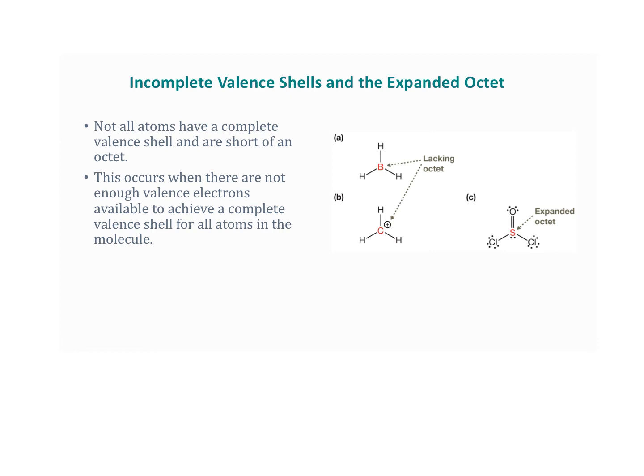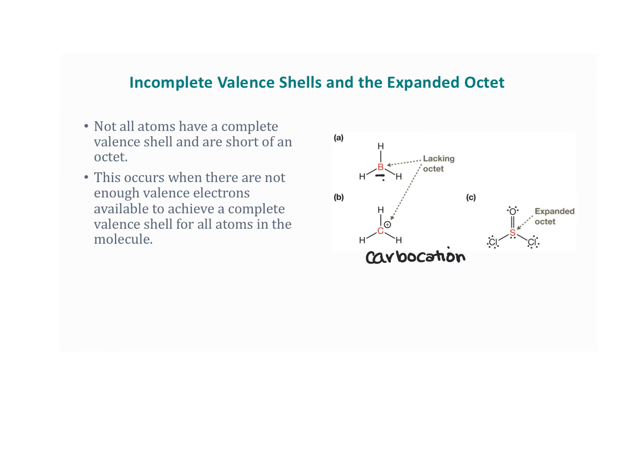Before I get into that, some things that can lack an octet are things like boron. And if you have carbon with a positive charge, this is called a carbocation. So it's a cation, but it's carbon with a positive charge. Those lack octets. Carbon with a positive charge is not super stable, but it will be something that we'll run into.